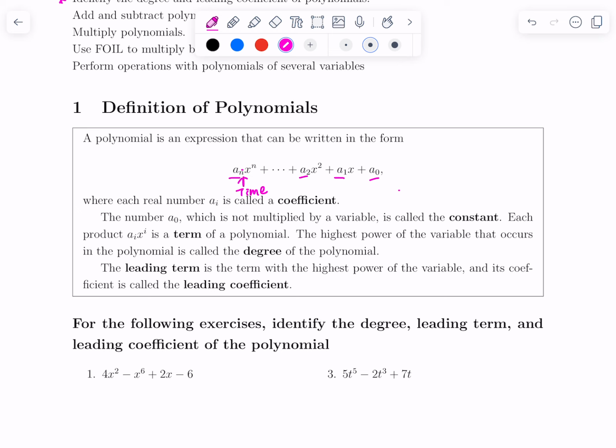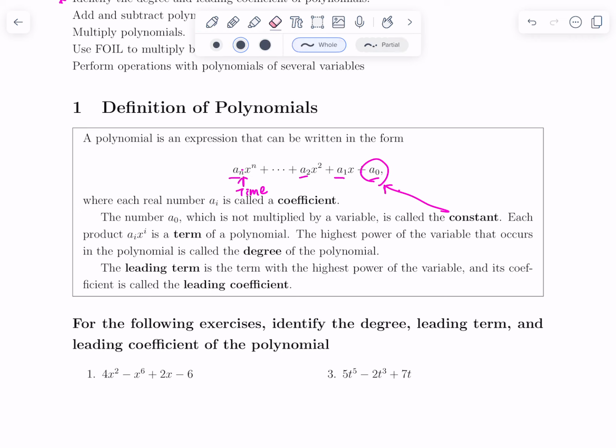And the number a_0 here, so we're going to look at the last term over here, is not multiplied by a variable, so it doesn't have an x. So this is a special case called a constant.